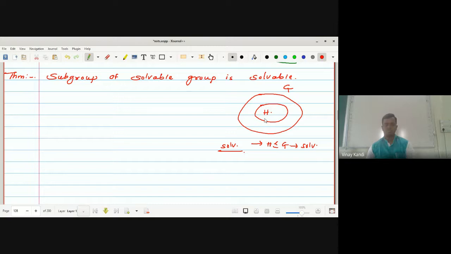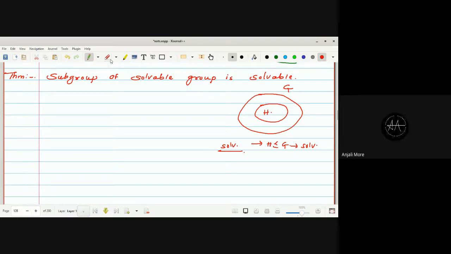In the last lecture we proved that if the nth derived subgroup of G is the singleton {e}, then G is solvable. That means there exists a sequence H0 normal in H1 normal in up to so on Hn equal to G with abelian factors, that is, H2 upon H1 is an abelian factor.